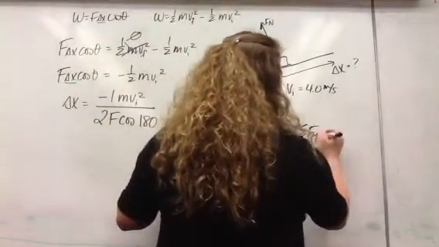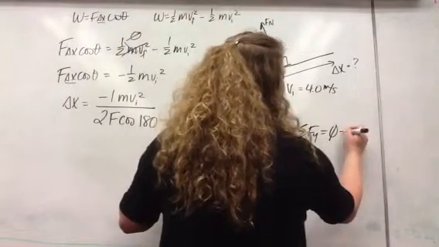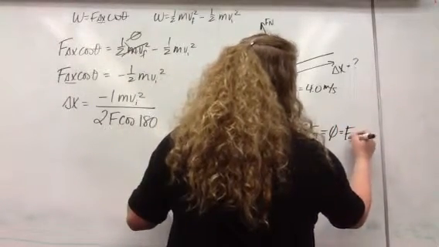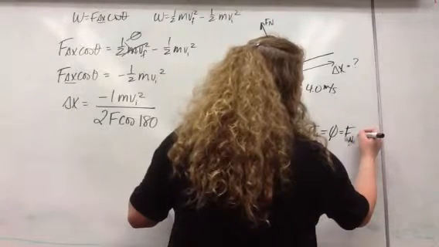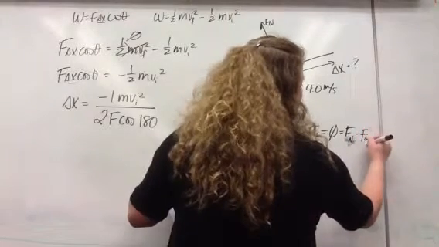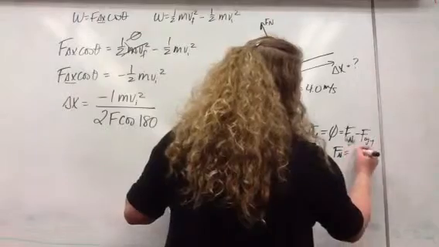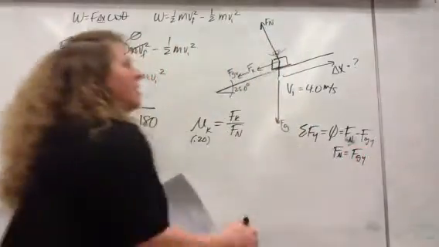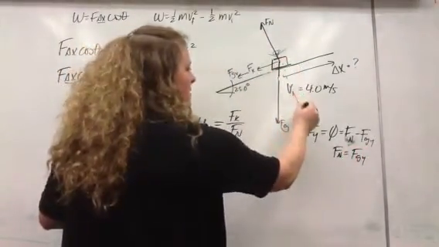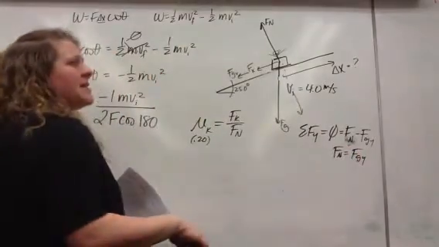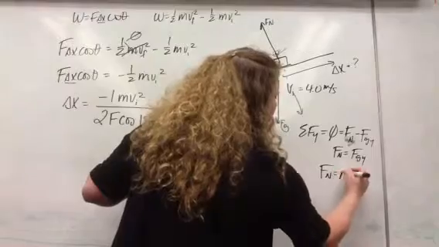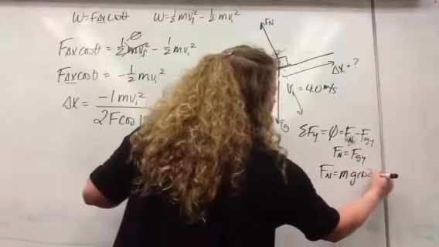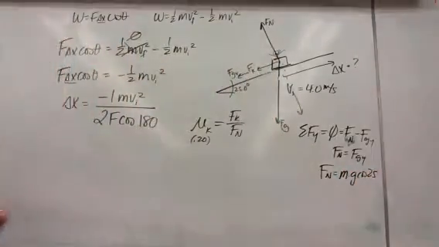So sum of forces on the y equals 0, and it equals f of n minus f of gy. So f of n is equal to f of gy. If we look at this, f of gy is going to be mass times gravity times the cosine of 25. So Fn equals mg cosine 25.